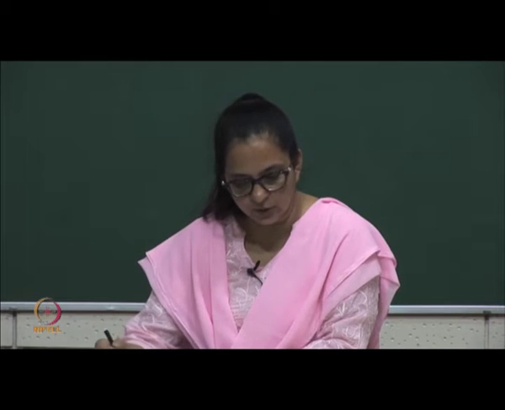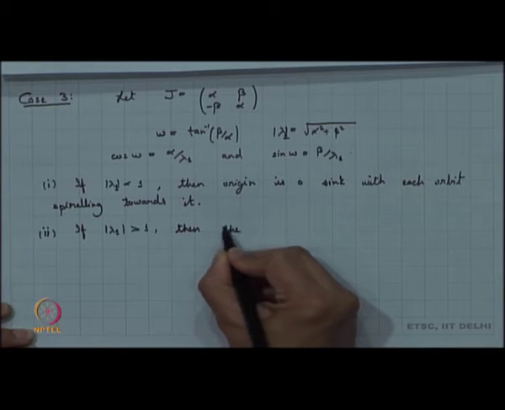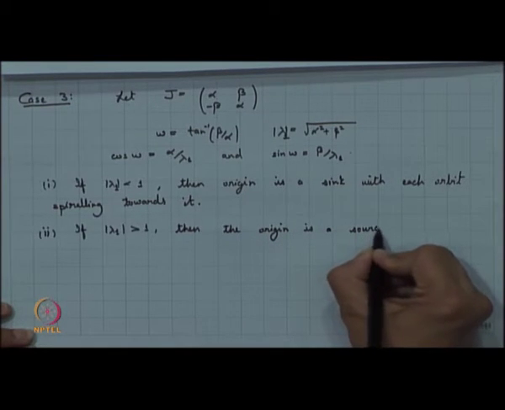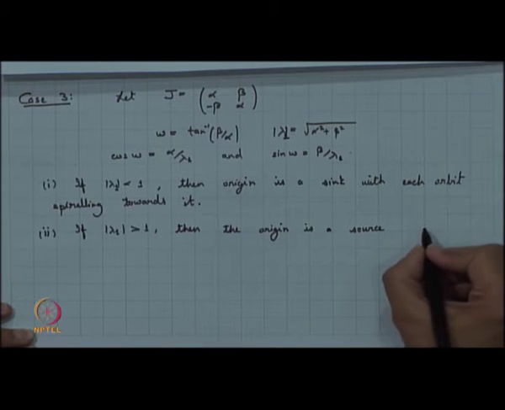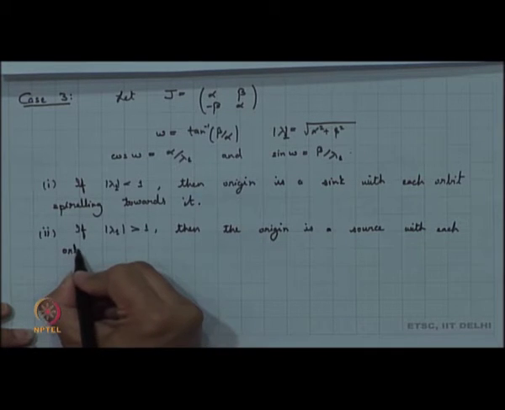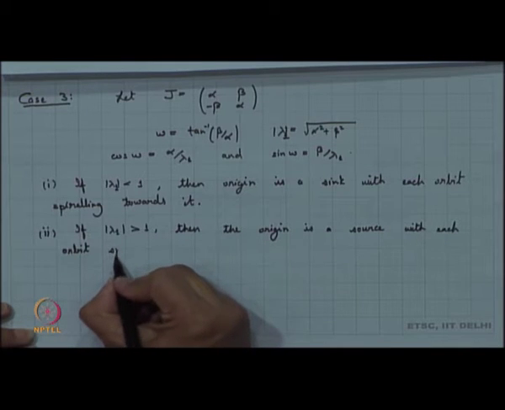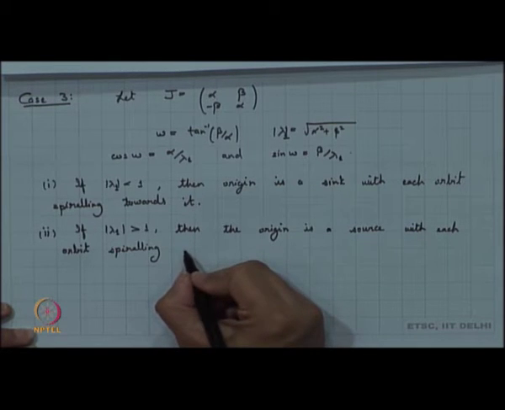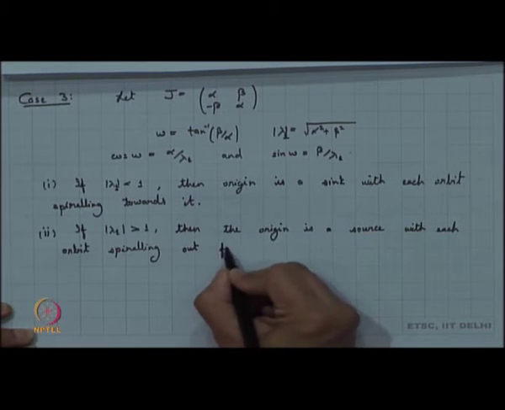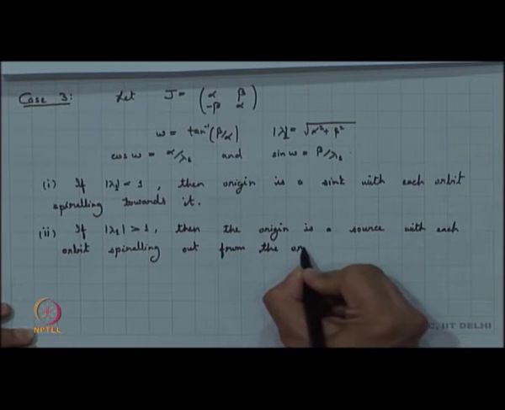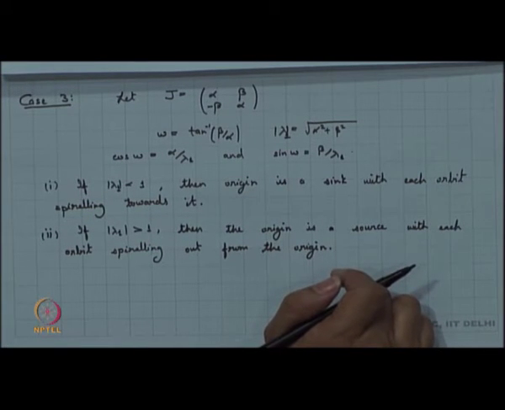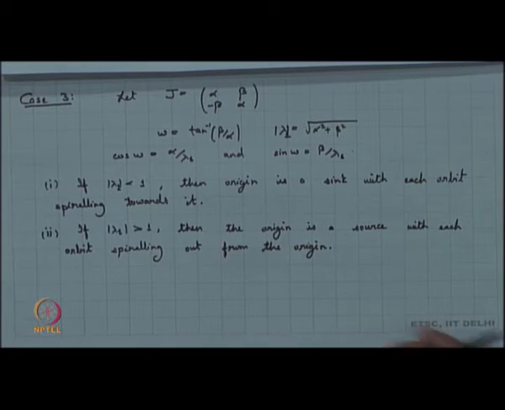So, the origin is a source with each orbit spiraling out from the origin, or I could say that each orbit is spiraling towards the origin, right, as n tends to minus infinity. So, this is what happens to our source.